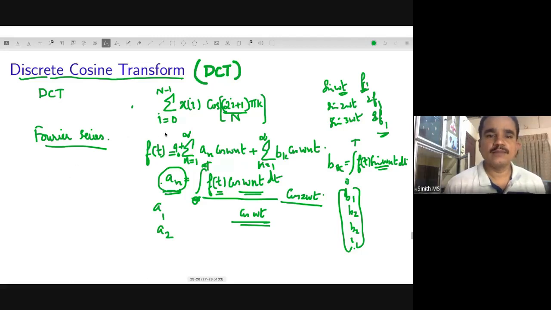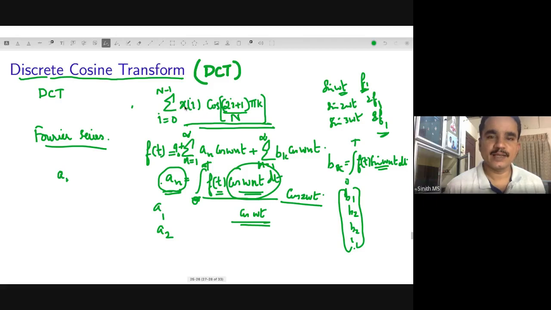Now, instead of doing this, in discrete cosine transform the transformation is not to the frequency domain, there is some other transformation happening.